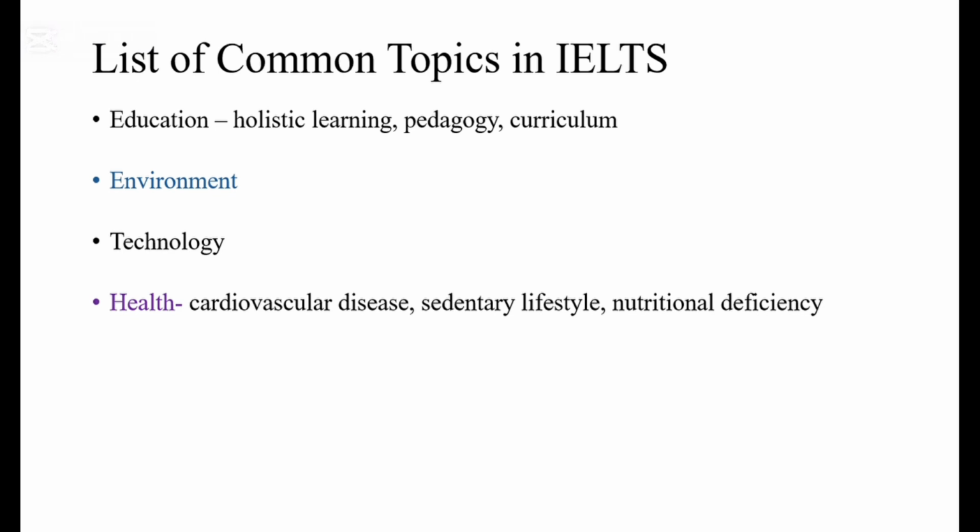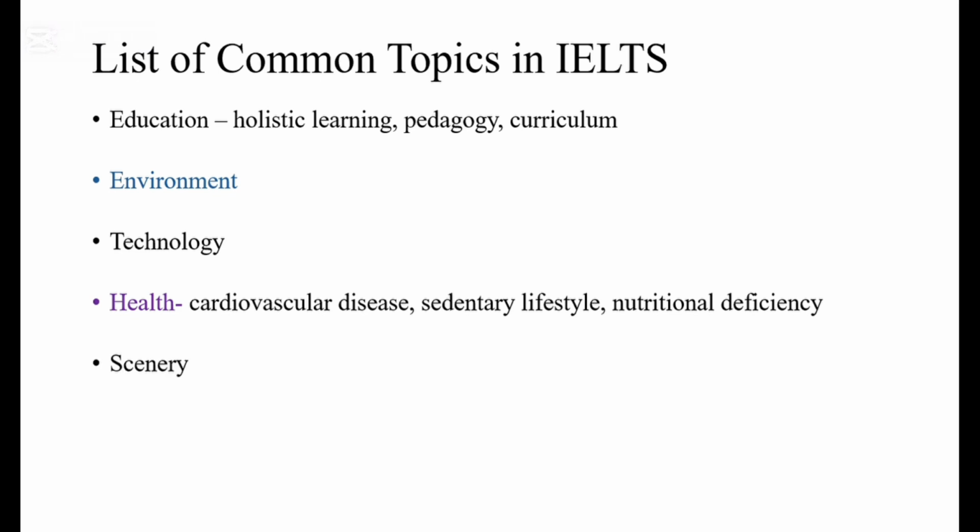Sedentary lifestyle is if a person doesn't work out, or doesn't exercise on a regular basis, or most of the time the person remains seated, or is not performing physical activity. So that's a sedentary lifestyle. These are the kind of words that are related to health. When you use such words in your writing or speaking, you will get higher bands.